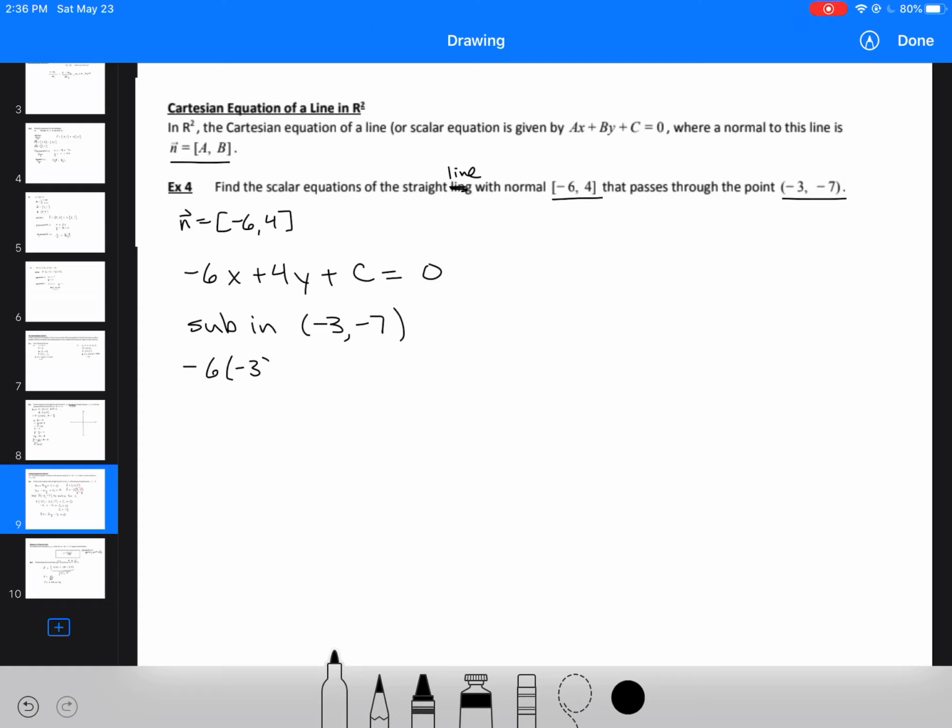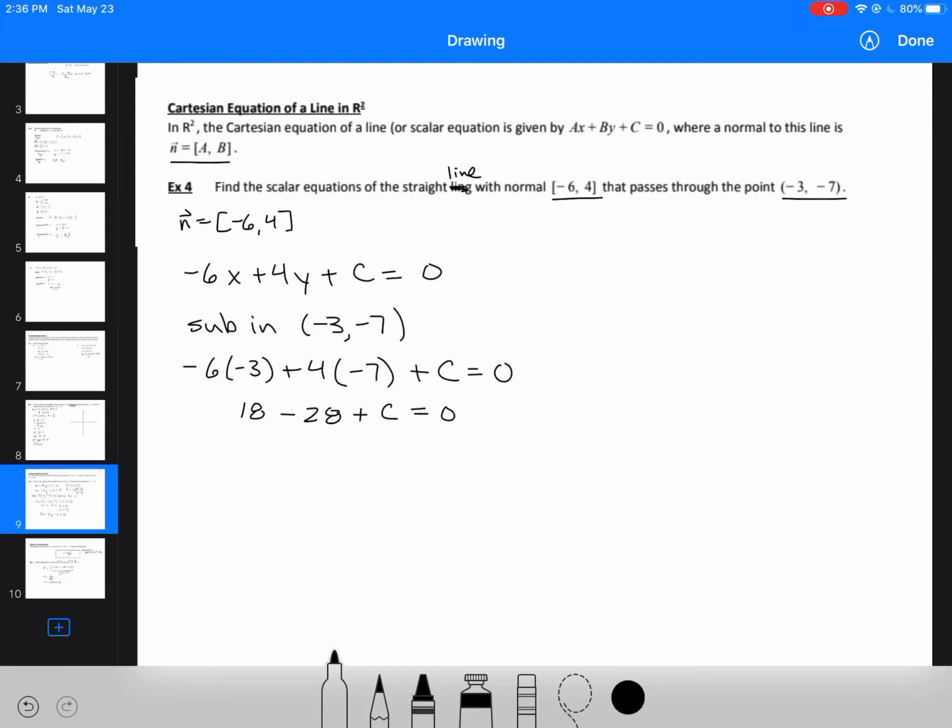And so we've got minus 6 times minus 3 plus 4 times minus 7 plus c equals 0. Here we get 18 minus 28 plus c equals 0, which is going to rearrange to give us c equals positive 10.